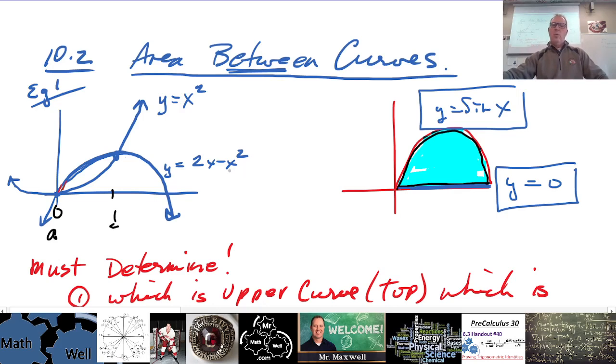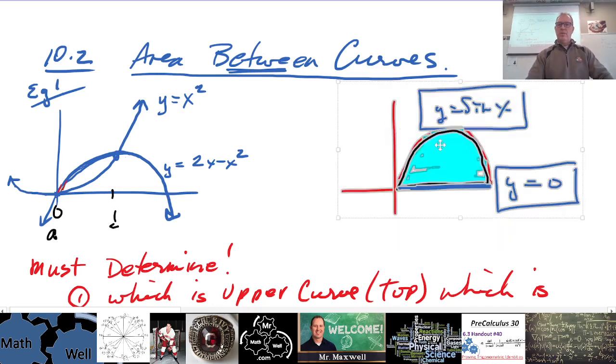Now, we're going to have to sketch some graphs here because we're going to have to find a couple things. The first thing we have to find out is which graph is on top and which is underneath for the section. So let me explain why we need to know that by showing you this little graphic on the side.